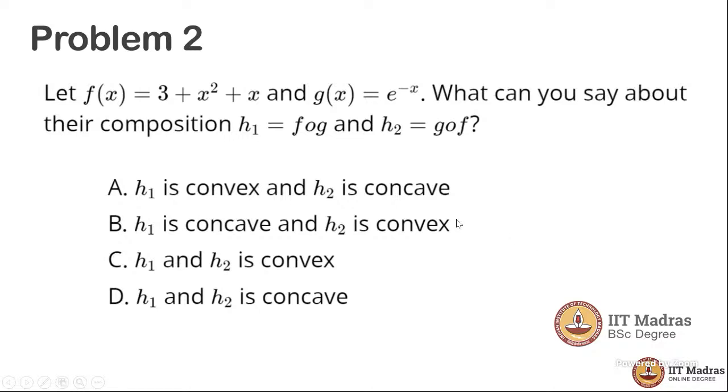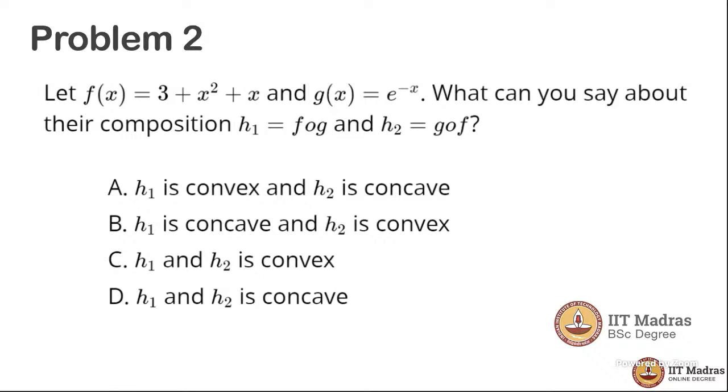And so then the composition, what can I say about the composition H1 F of G, H2 G of F? H1 is F of G, so F has to be convex and non-decreasing. So that is true. And here it is G of F. So that way F of G is convex.